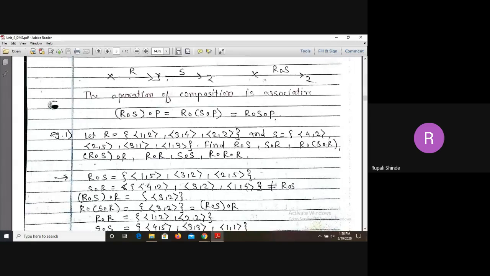Now just one composition is remaining, that is R composition R composition R. So find the value for this composition.